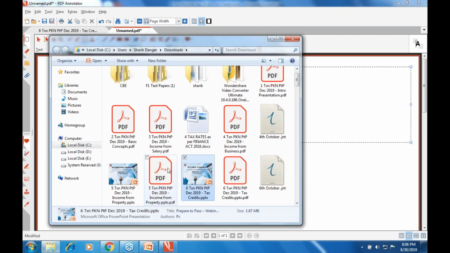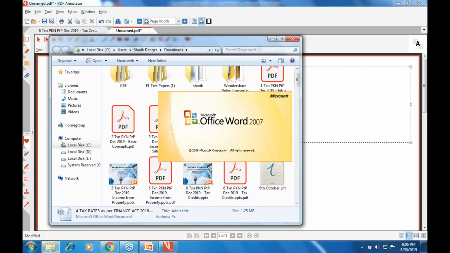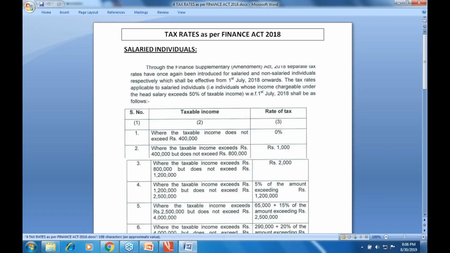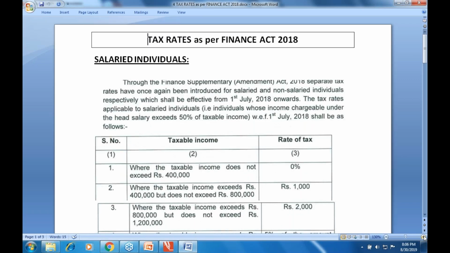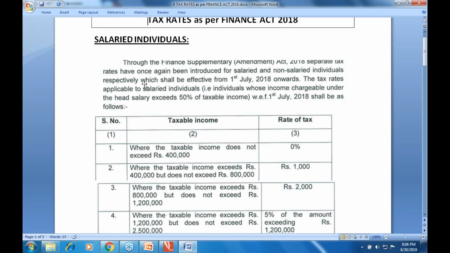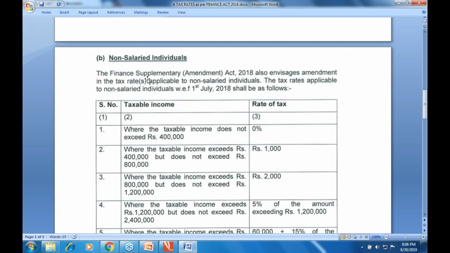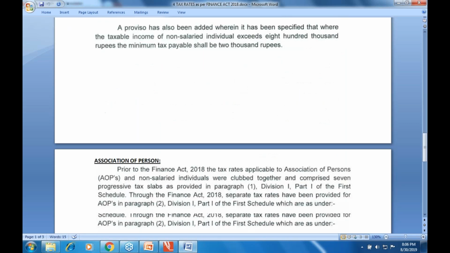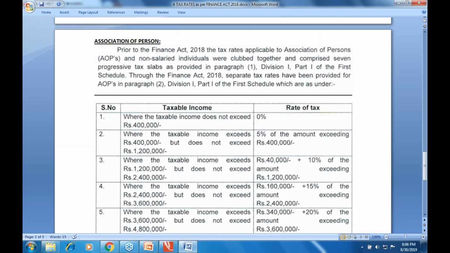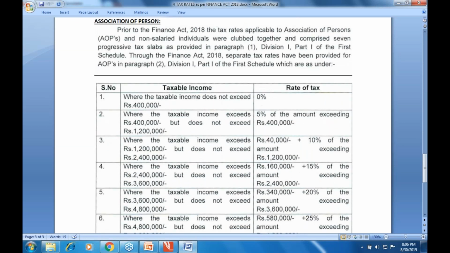What are the various tax rates that we apply? It depends upon what sort of person we are calculating the tax liability for, so we accordingly apply the relevant tax rate. For example, salaried individuals have these tax rates. Then non-salaried individuals have a different type of tax rate. Then we have an association of persons, to which a different type of tax rate is applicable.